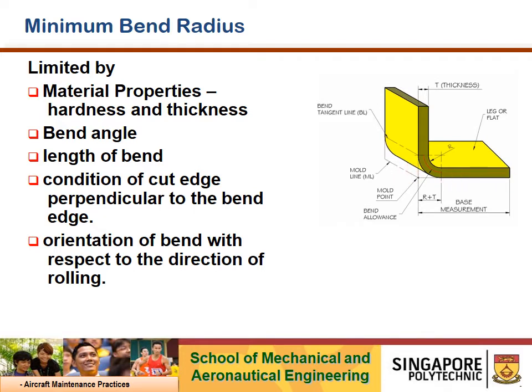The condition of the cut edge perpendicular to the bend edge, that is, free from dents or burrs on the edges. Last, the orientation of the bend with respect to the direction of rolling, that means the grain direction. We should bend across the grain direction rather than along it. Just to take note, this is the bend radius that we are referring to, and it's based on the material thickness. Like the earlier example, 2 times the material thickness to 4 times the material thickness.